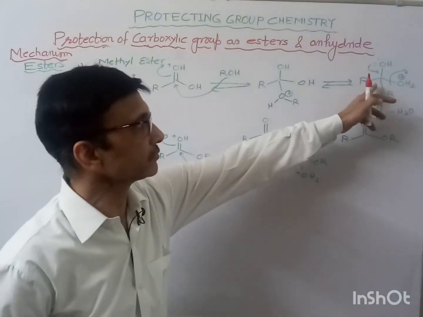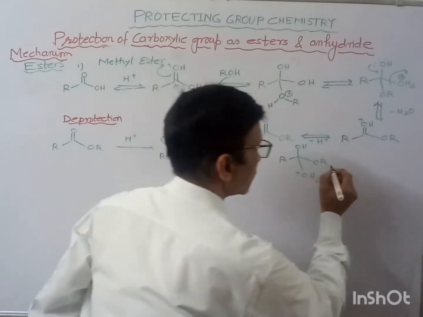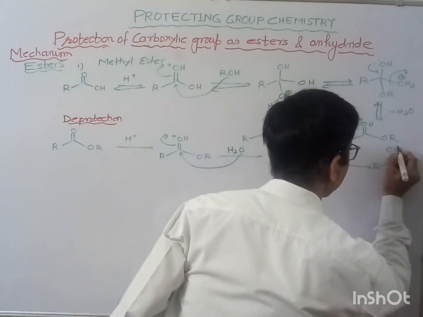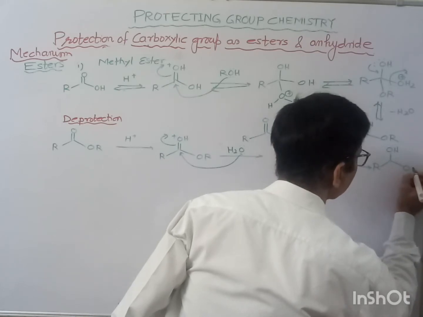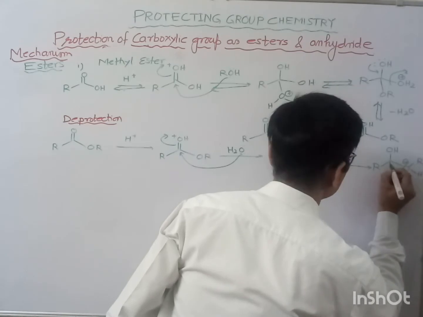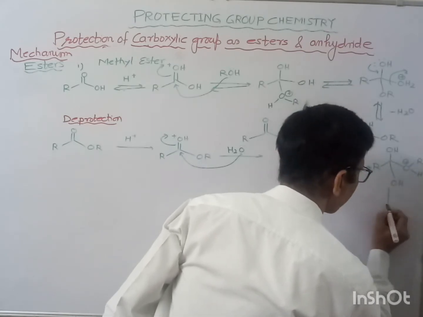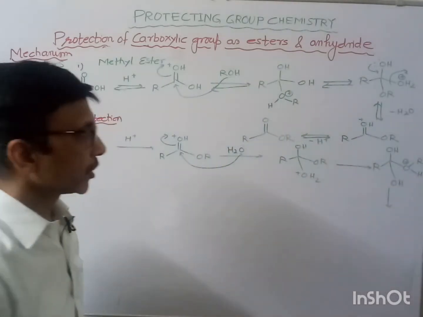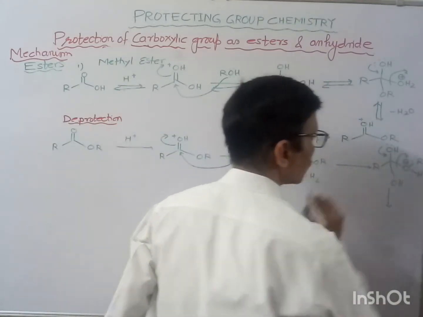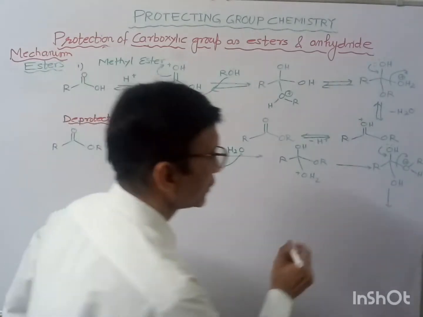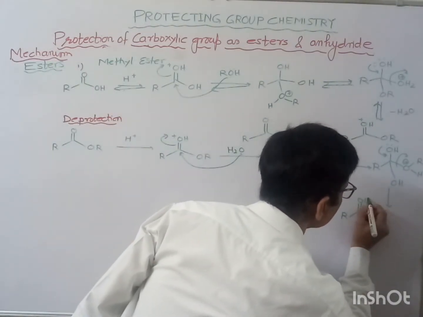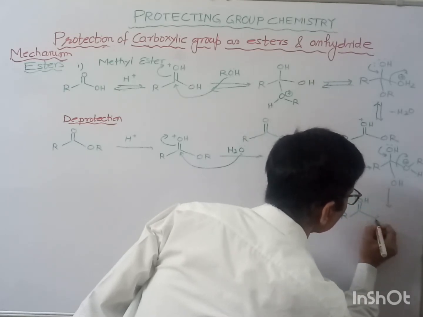In the next step, the proton transfer occurs, and this is converted into OH. Now in the next step, removal of this ROH as a leaving group, and double bond OH, positive charge over here, and OH.